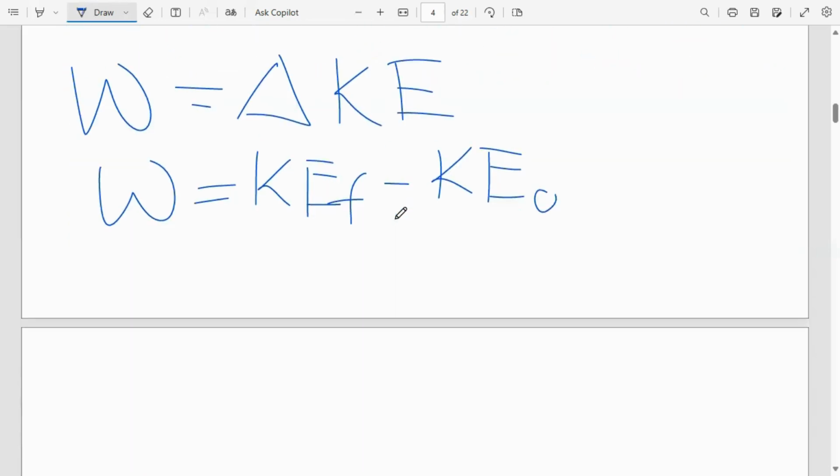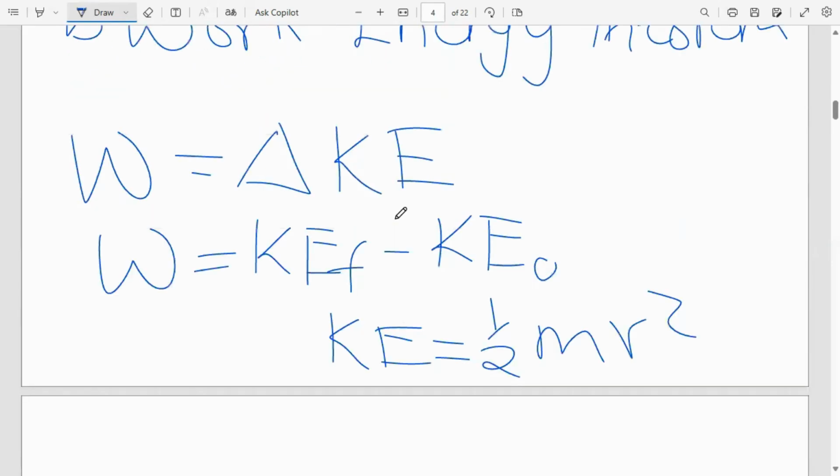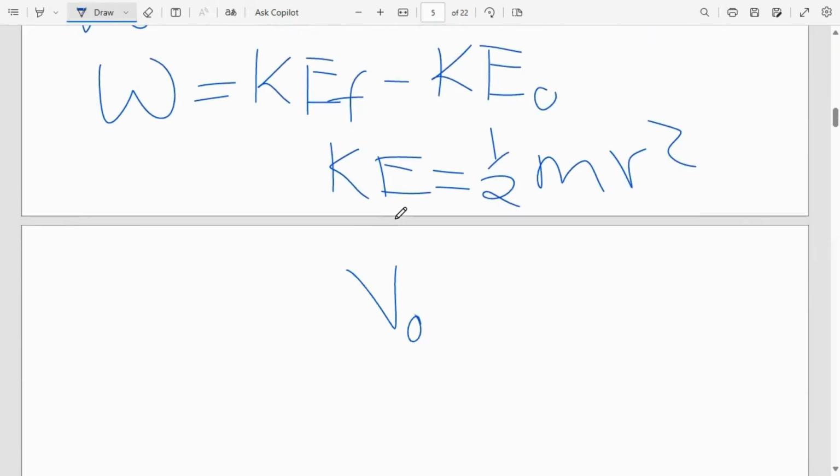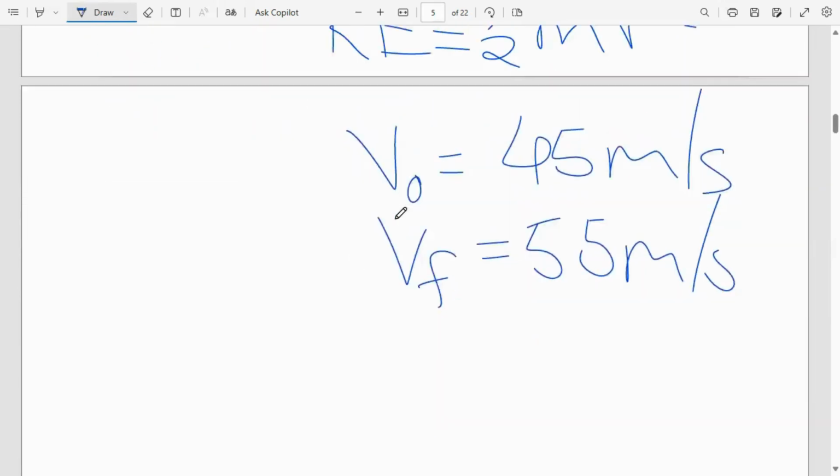And the formula for kinetic energy, KE, is equal to half mv squared, like that. So what are we going to do? We've been given the initial velocity, v0, which is equal to 45 meters per second, and the v final is 55 meters per second, and the mass is constant.